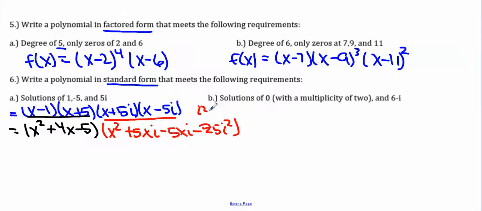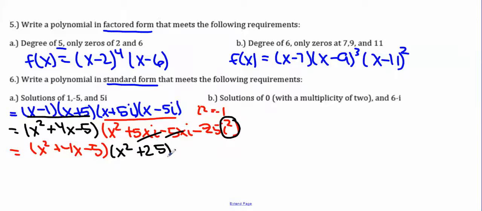Remember, i squared equals -1. And those middle terms are going to cancel. So I have x squared minus 25i squared. So i squared is -1, so that would make that a positive 25.